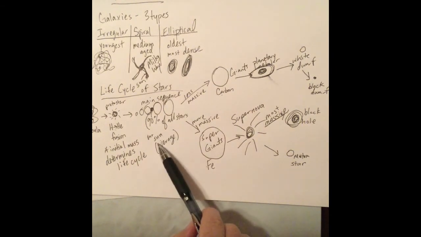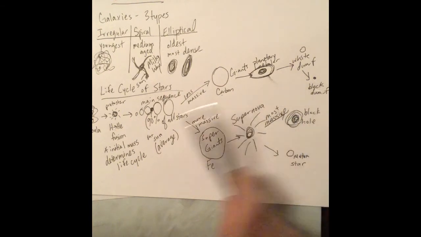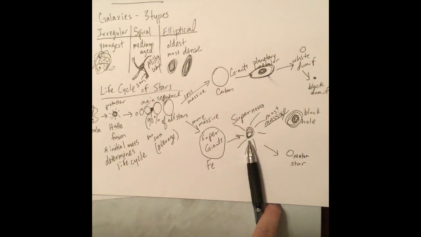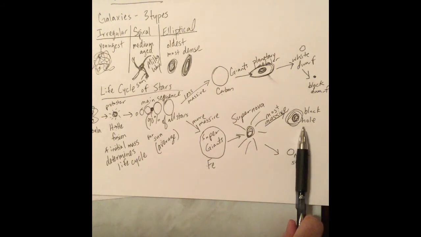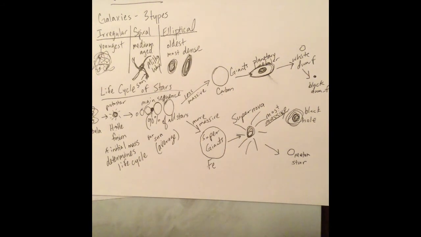Stars like our sun will become giants and then die as black dwarfs. Other stars that are more massive than our sun will become supergiants. They will all undergo a supernova. The largest of the large, the most massive, will create a black hole. And the ones that are just a little bit smaller, but still supergiants, will create neutron stars.